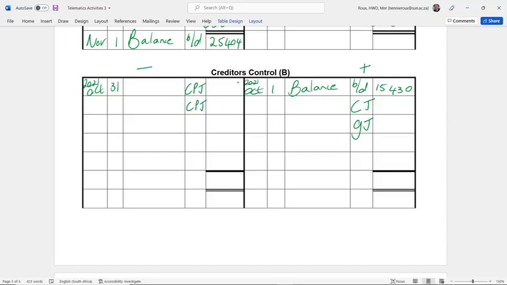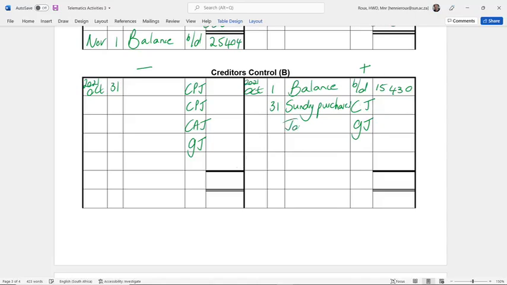Our creditors will decrease when we return items to the creditor. And then we have the general journal. What did we buy on credit? Sundry purchases, a variety of items that we buy on credit. Not just trading stock, can be repairs, can be stationery, packing material, anything that we bought on credit.